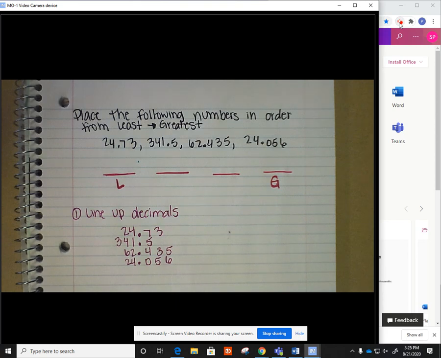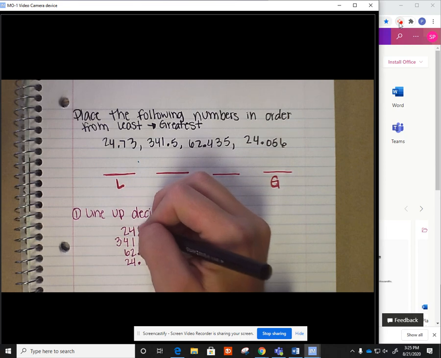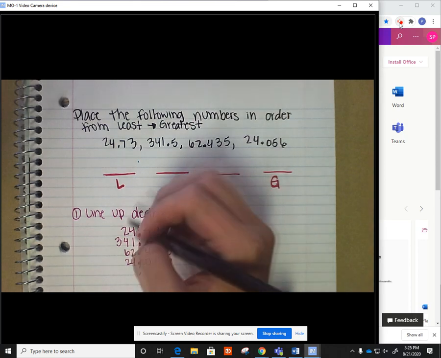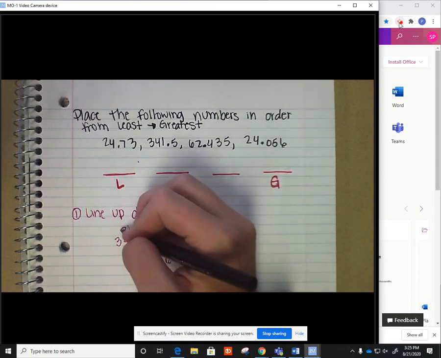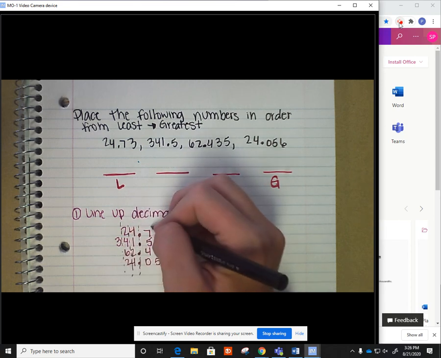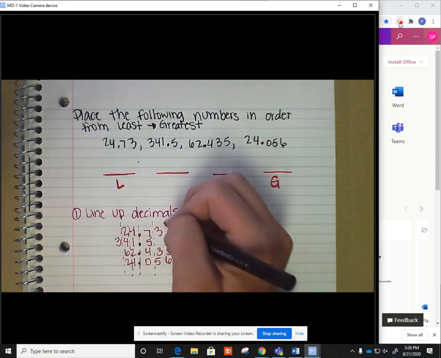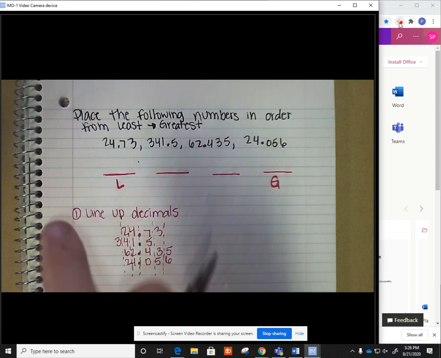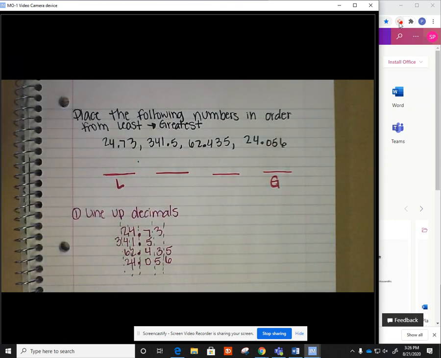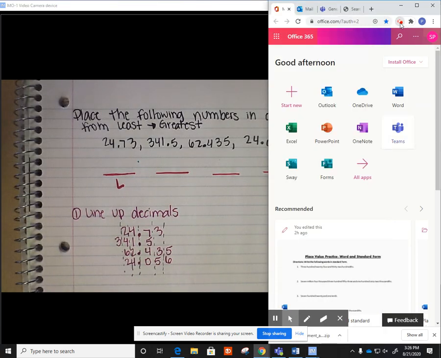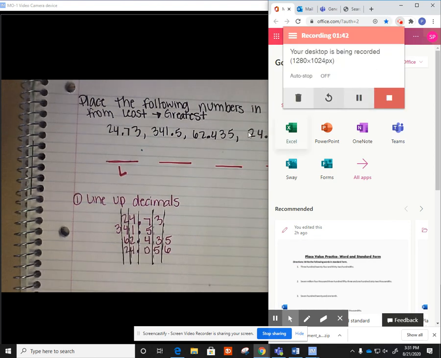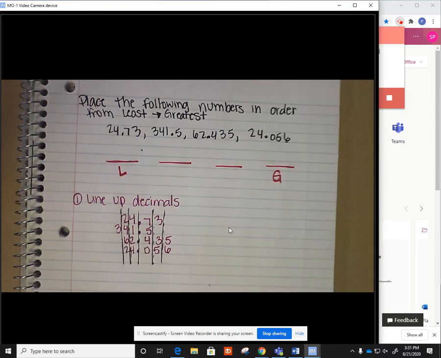Okay, you should be able to draw a line through your decimals. But I also like to draw a line through all my numbers so I don't get confused because there's a lot of numbers going on. If you had grid paper, like the really thick kind you're going to have on your STAAR, I recommend doing it like that. Okay, I made my lines darker because I felt like you couldn't see it very well.